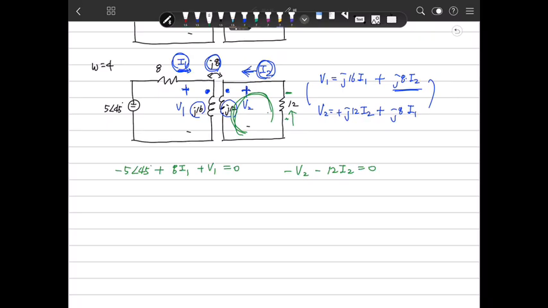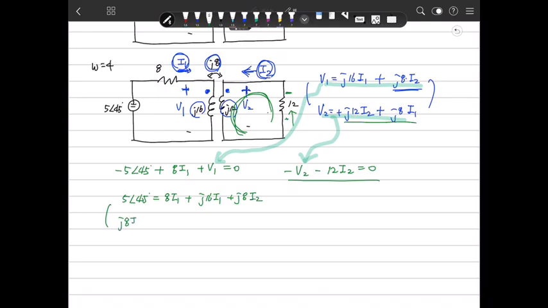So after that, we insert this term and this term in here and here. So 45 degree is 8I1 plus J16I1 plus J8I2. And V2 here is J8I1 plus J12I2.